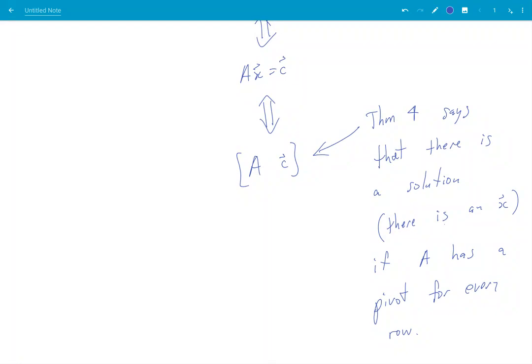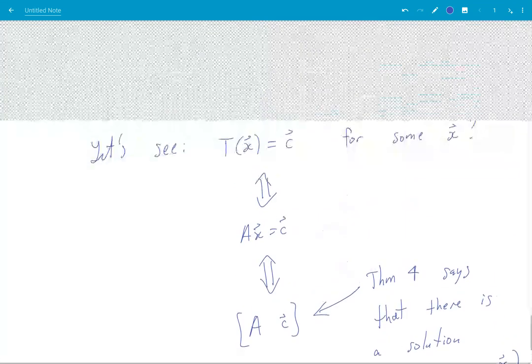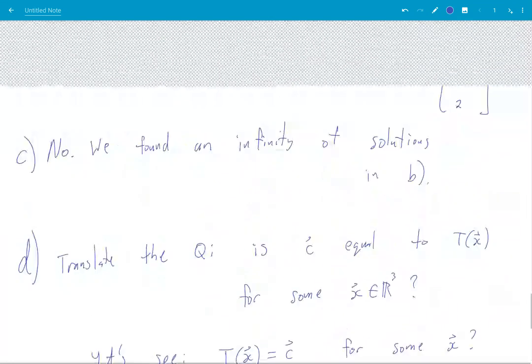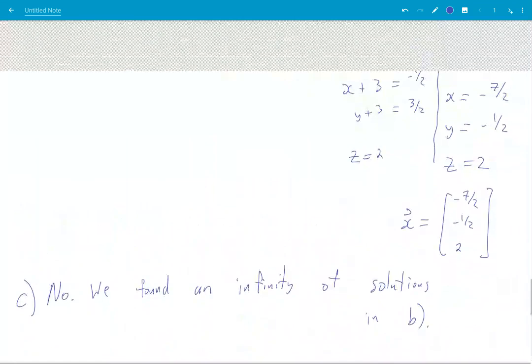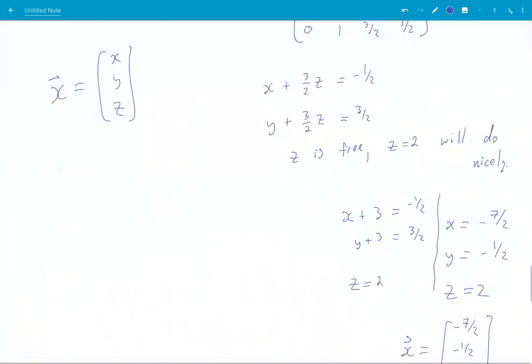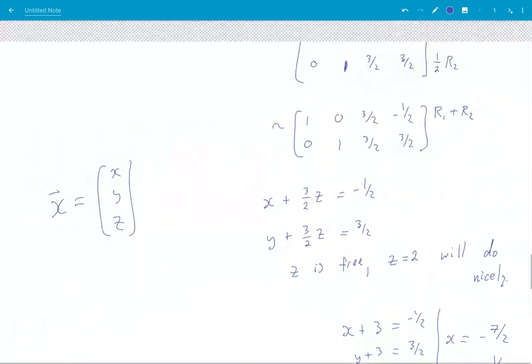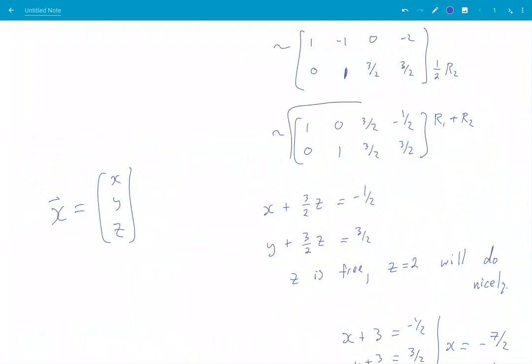Okay, now, does A have a pivot for every row? Let's see. Scroll. I apologize if I'm going quickly. Pause if you need to. Here is A, well, a row reduced version of A. And we see that it does have 1, 2 pivots. It does have a pivot for every row.